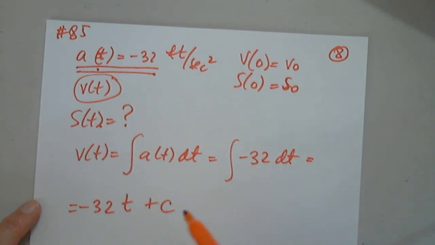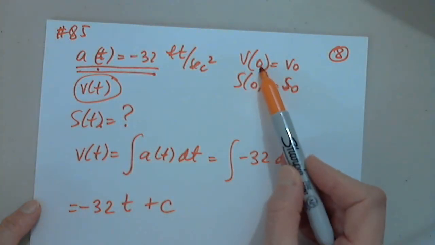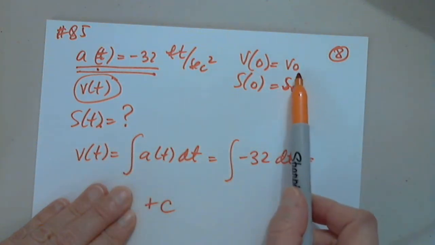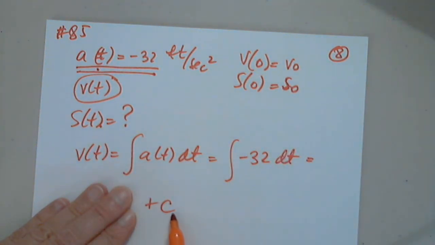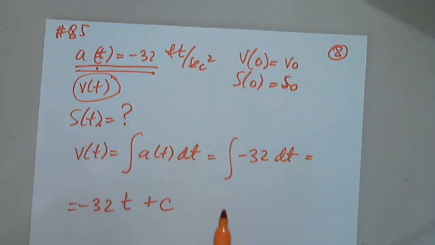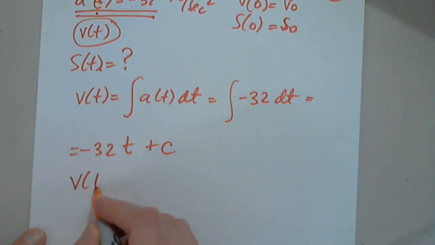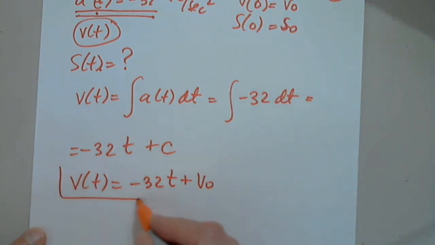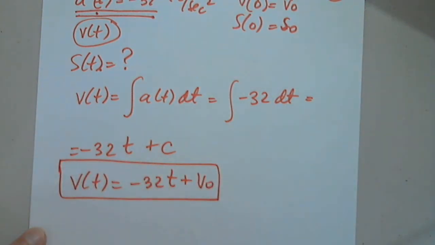So now I am told that when time is 0, the velocity is v0. Well, that means that c is v0. So v of t equals negative 32t plus v0. This is the intermediate step.